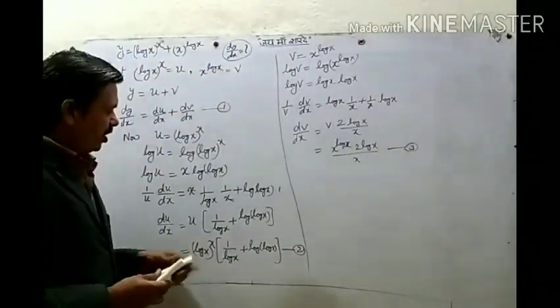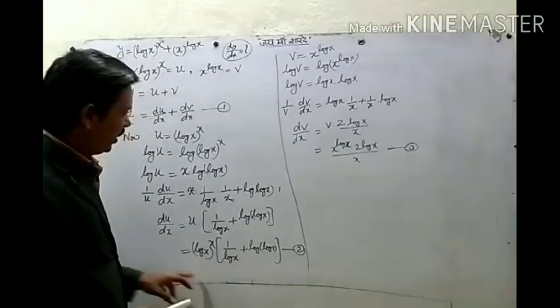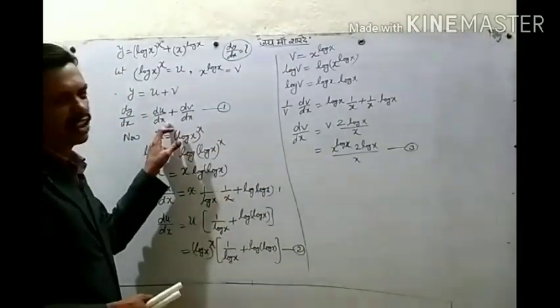Now from the second and third, the values of du by dx and dv by dx we will put in the first equation.